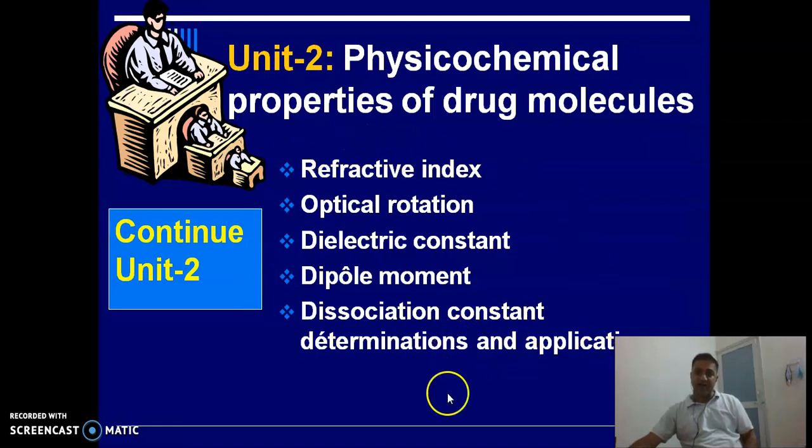Means we have to study all the parameters: introduction, apparatus, means instrument working, procedure, applications, advantages and disadvantages. So, both chapters are included in Unit 2.